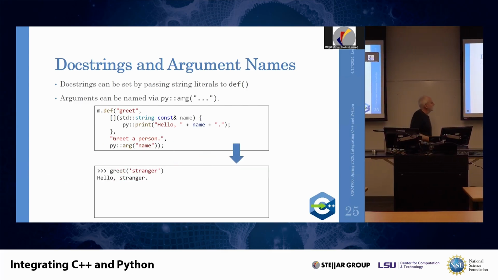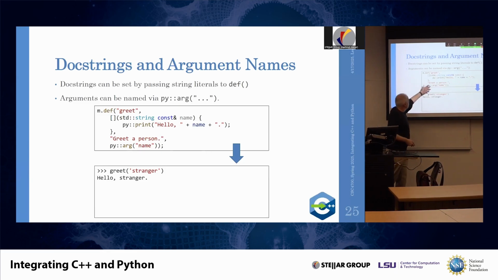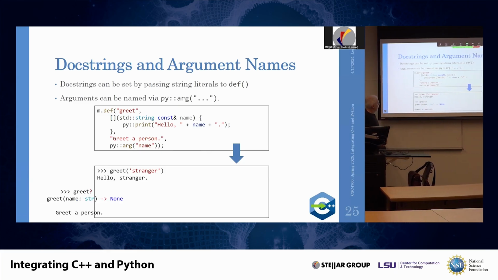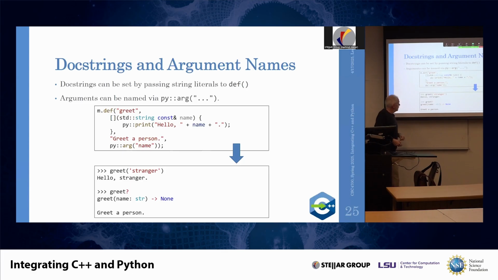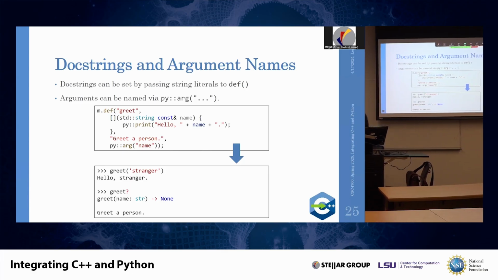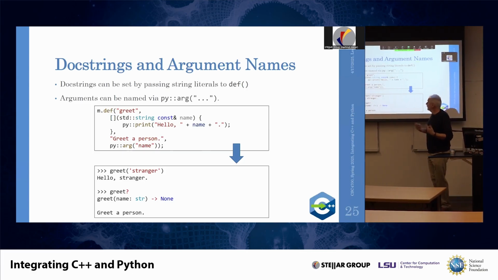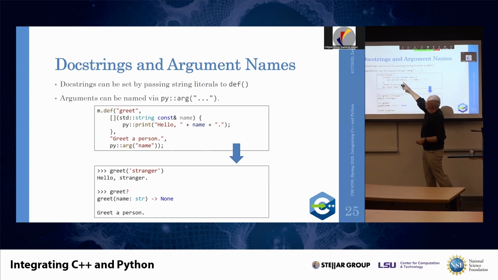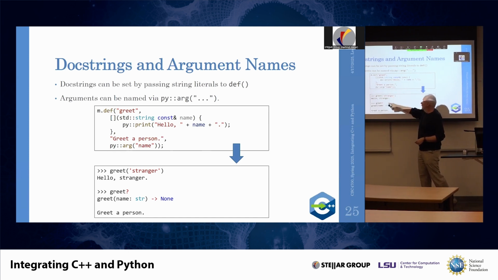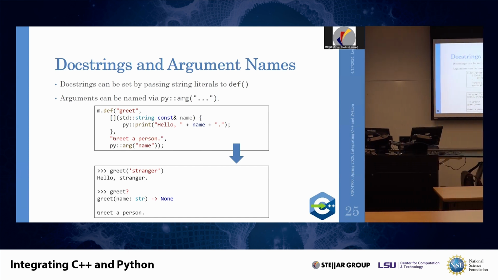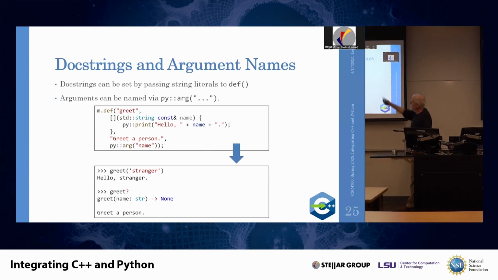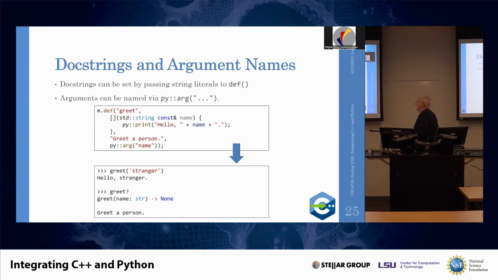So on the Python side, greet stranger, well, it will print hello stranger. And if I ask it what it is, it will give me the API, the interface. It says it takes one argument, which is a string. Well, see, we have a C++ string here, but it still knows that it's a Python string and doesn't return anything because the lambda is void. And the text is explicitly taken from the definition.